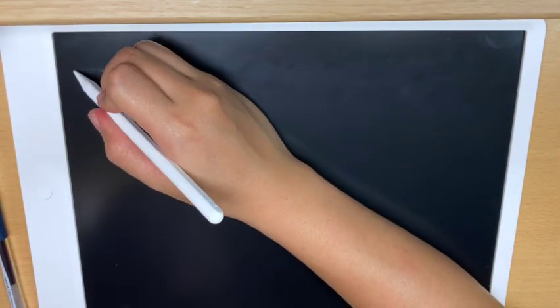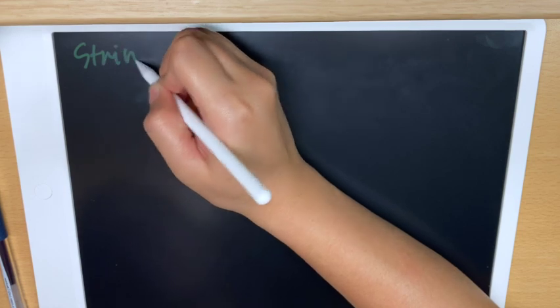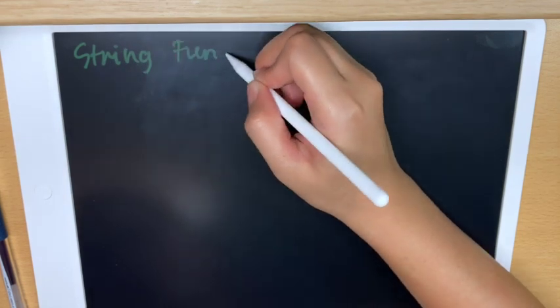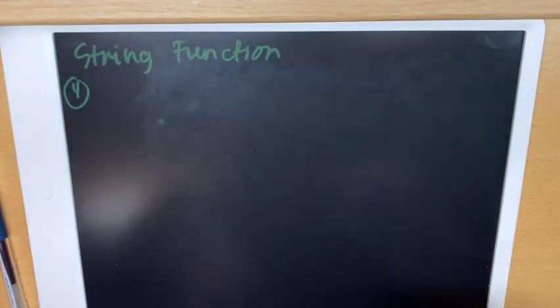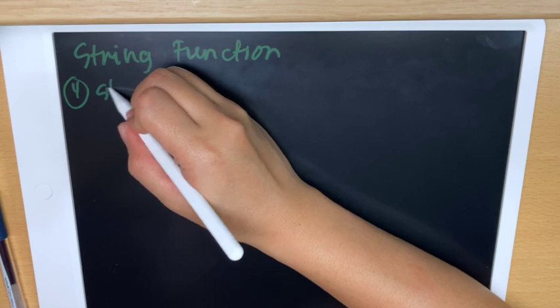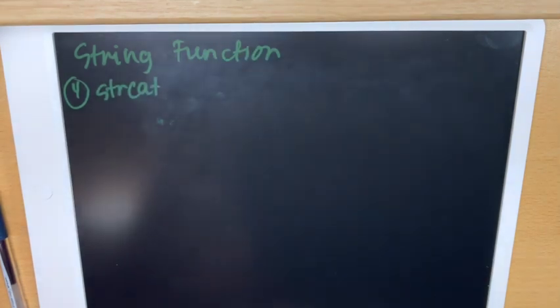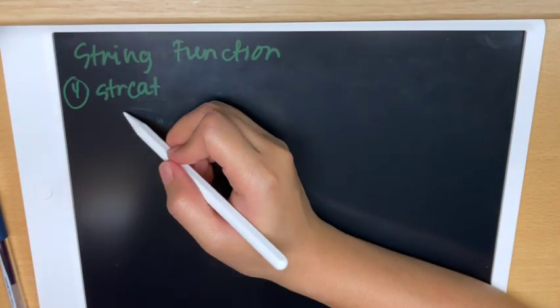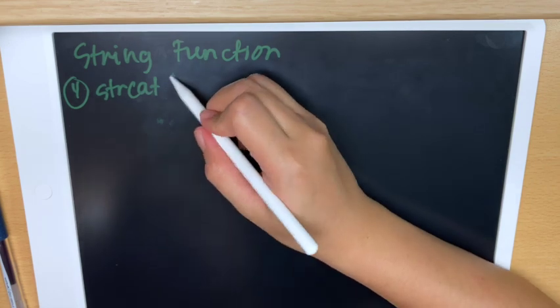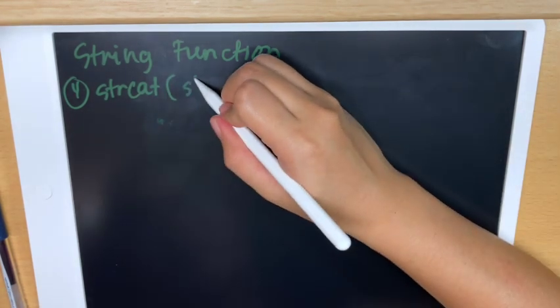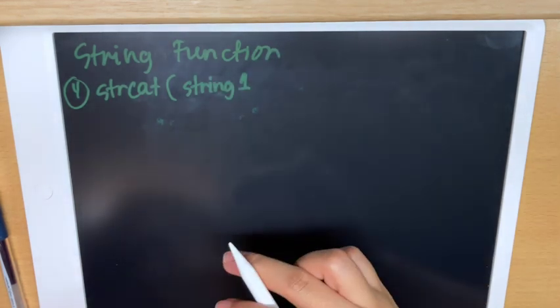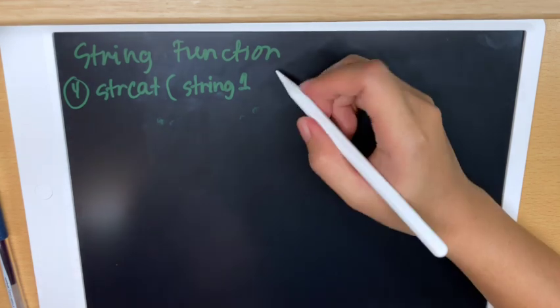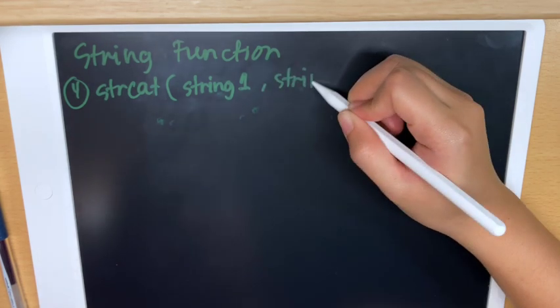And the last common one is the string function. What we also usually do with strings, with words, is string concatenate. So the syntax would be strcat, open parenthesis, the string that you want it to be concatenated with, and the string that you want to concatenate.